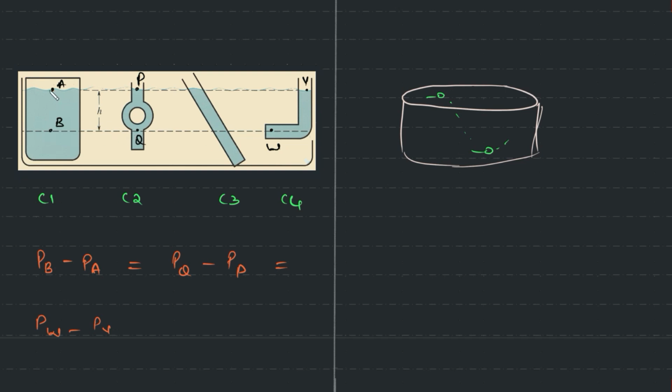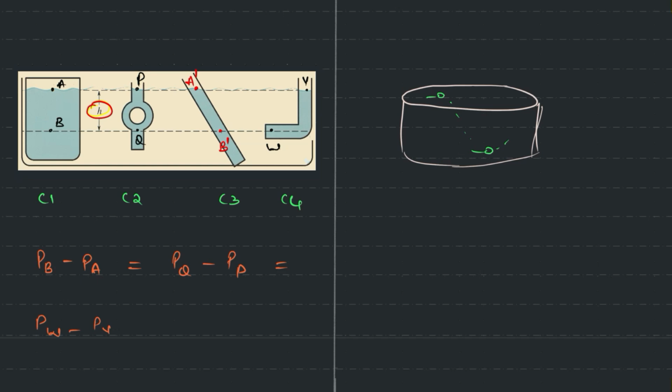But the point here is, in all the 3 cases, since we have the same liquid at the same gravitational height above a particular surface, the difference between the 2 points in each container, since the height h is the same in all the 4 cases, the pressure difference will be same, even though the structure is weird over here. Here it is slanted, here it is L-shaped, but the pressure will be the same.